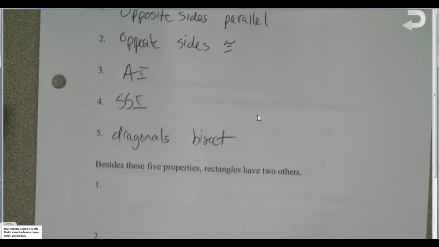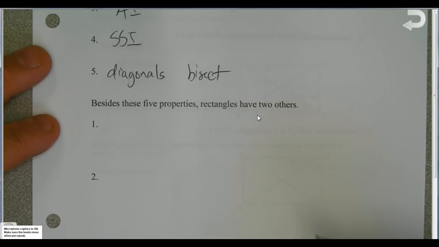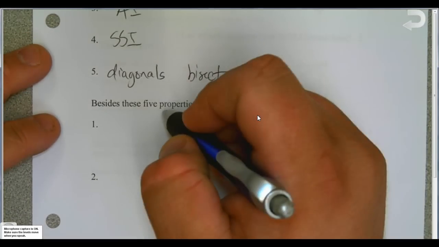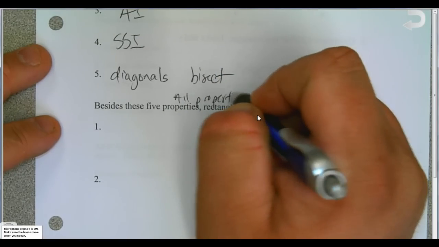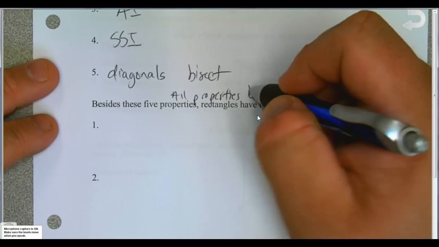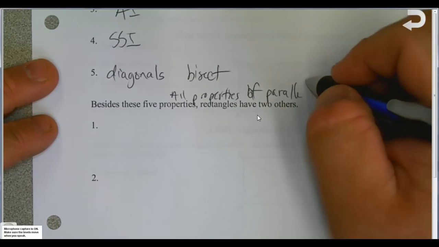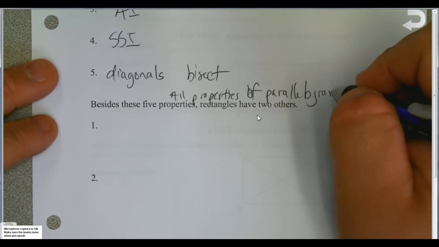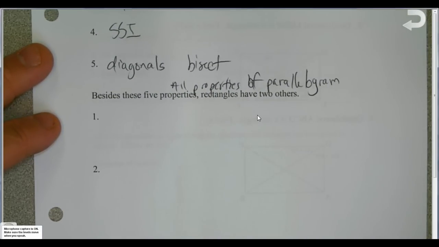When we write the properties of a rectangle, our first thing that we should be writing is all properties of a parallelogram. But then you have to write 2 more properties about a rectangle.